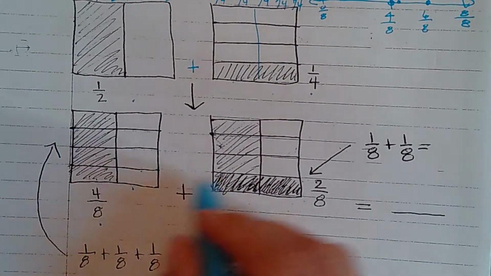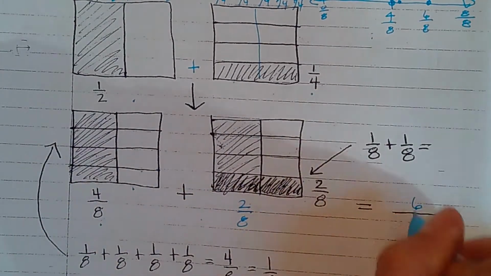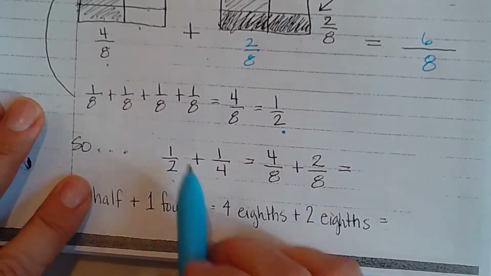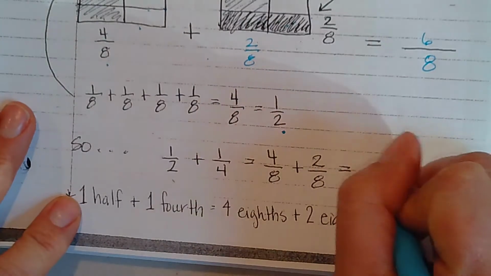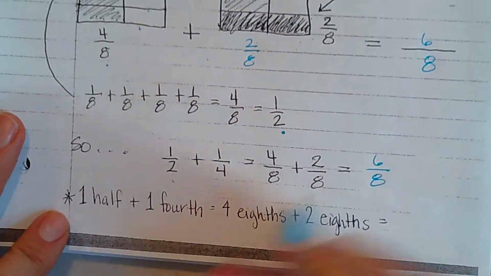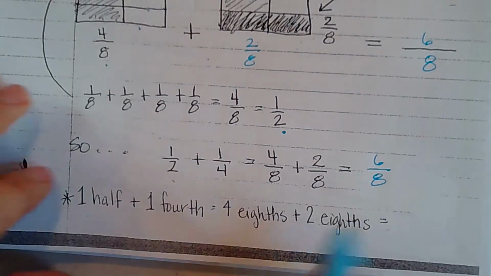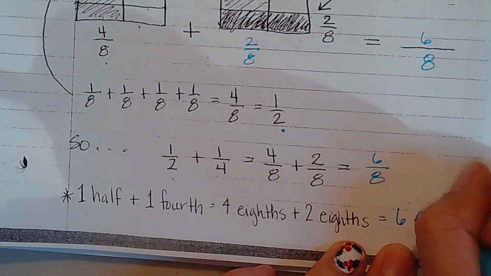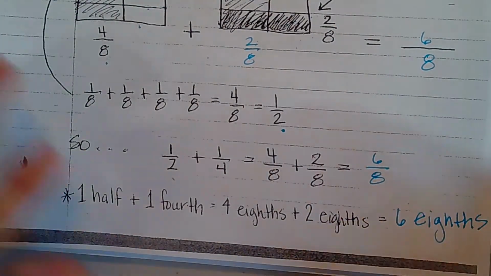So 4/8 plus 2/8 is 6/8. So 1/2 plus 1/4 is equal to 4/8 plus 2/8, which is equal to 6/8. Okay? All right.